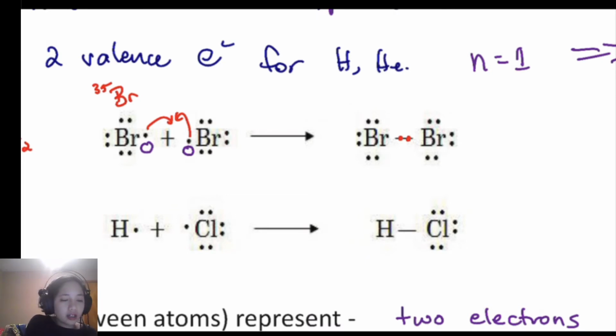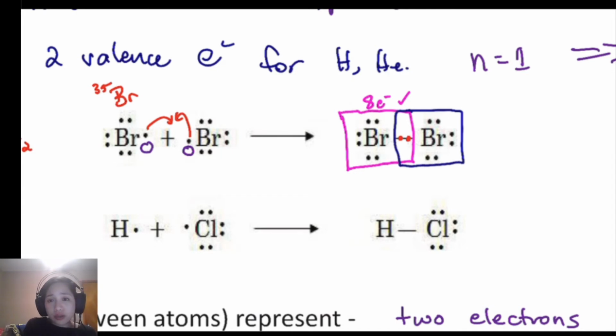When you look at the octet around one of the bromines, let's just look at one, we're going to include all the electrons around bromine, including both electrons in the bond. So this bromine has eight electrons. Its valence shell, its octet, is complete. While the other bromine, if we count the electrons around it, there are six around it.